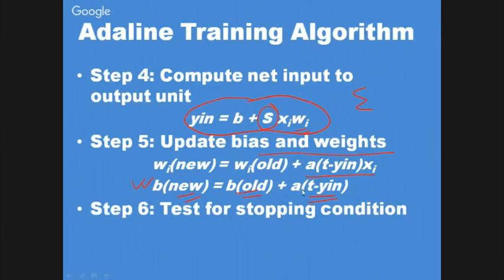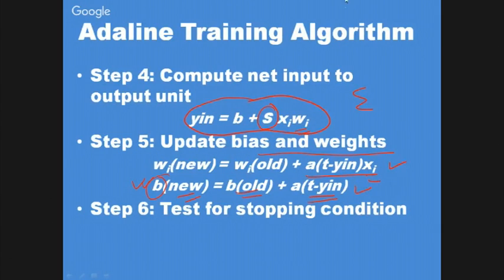For the weights we multiply by xi, but for the bias new you don't have to input b old or anything. So this way you calculate the w new and bias new.